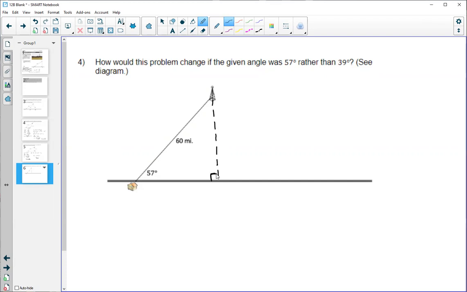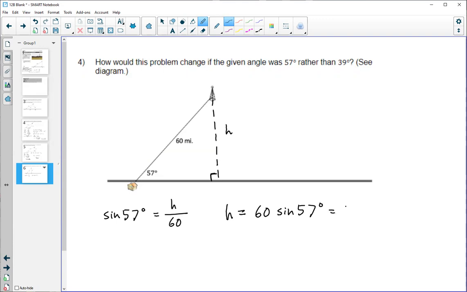There's our right angle. The sine of 57 degrees is equal to h over 60, which is the hypotenuse. So h is equal to 60 times the sine of 57 degrees.